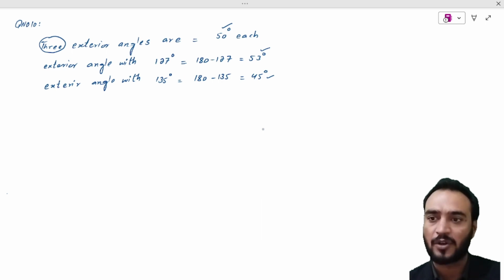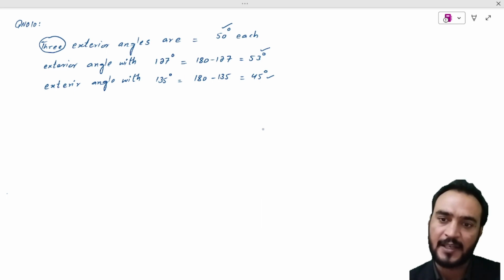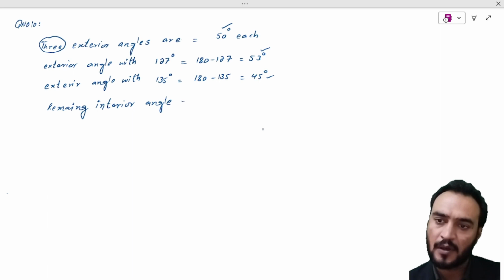So we have a total of five of these exterior angles, and the remaining interior angles are of 173 degrees each.